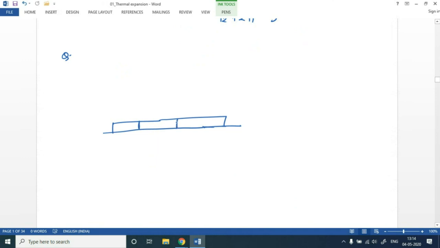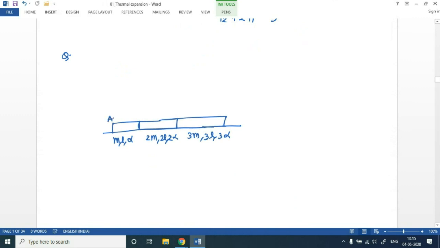Let's say the masses of these materials are m, 2m and 3m, and their lengths are L, 2L and 3L. The coefficients of linear expansion are alpha, 2 alpha and 3 alpha. This is a trimetallic strip, and they are joined in series with each other.